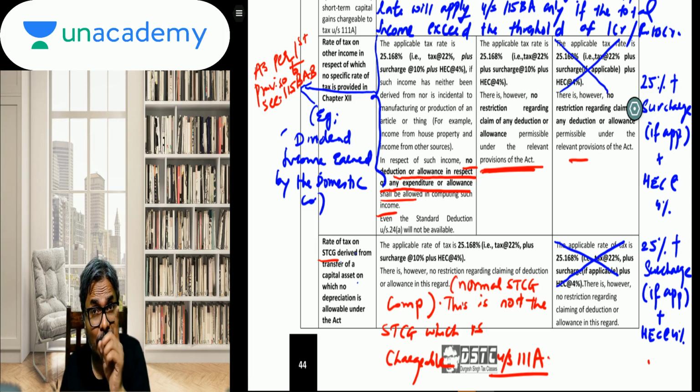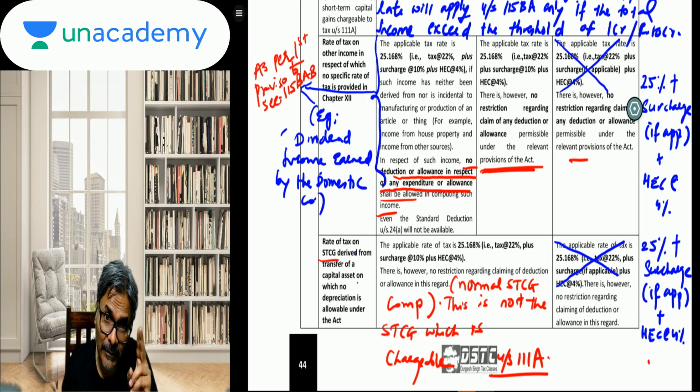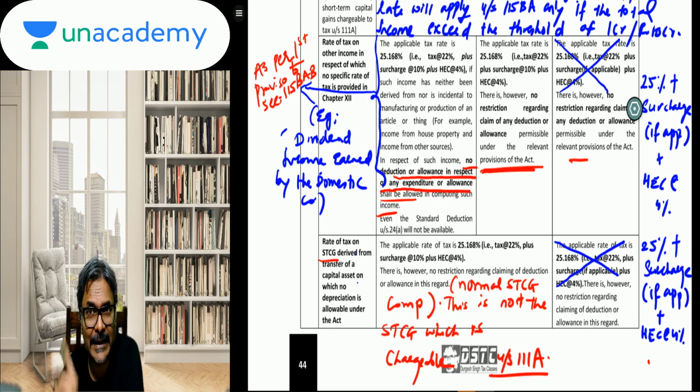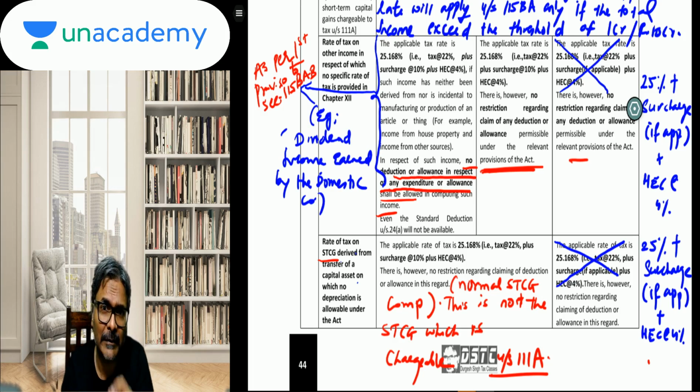But if you are in 115 BAB, the fact that on that income which is neither coming from the manufacturing activity nor is incidental to the manufacturing, those income for which I have given you a couple of examples now, those income will qualify, will be subject to flat 25.168%, subject to the fact that no deduction of any expenditure will be given against such particular income.